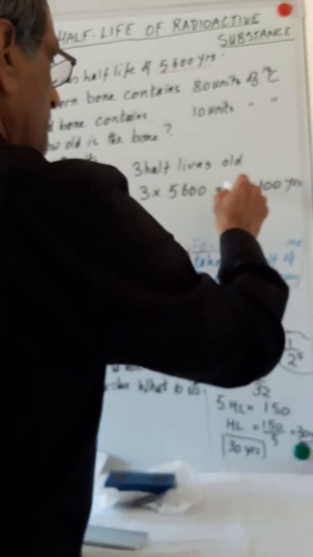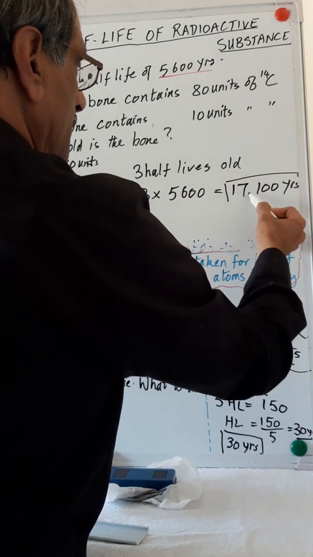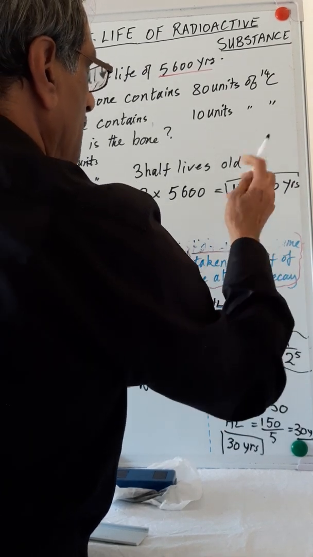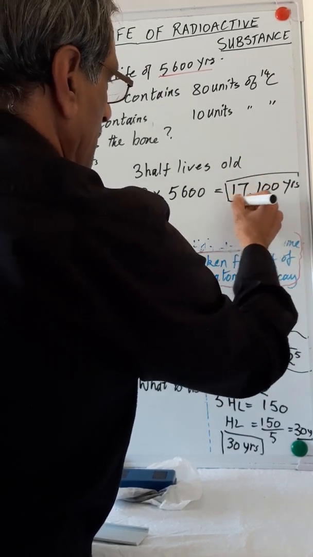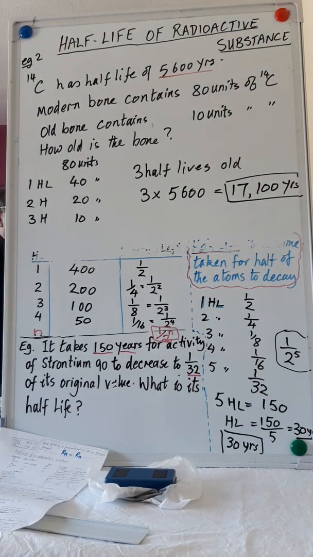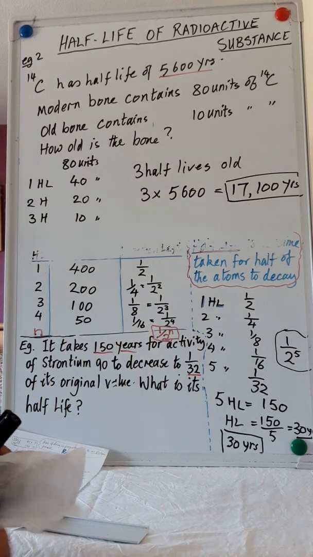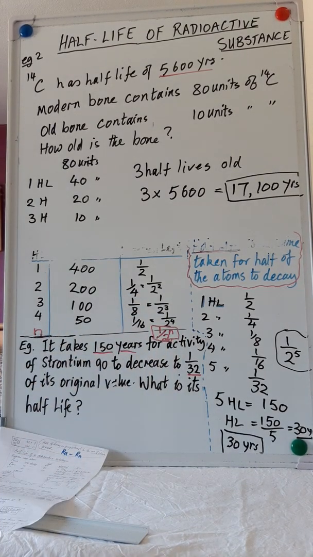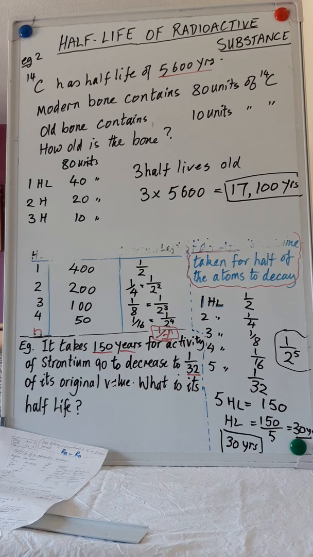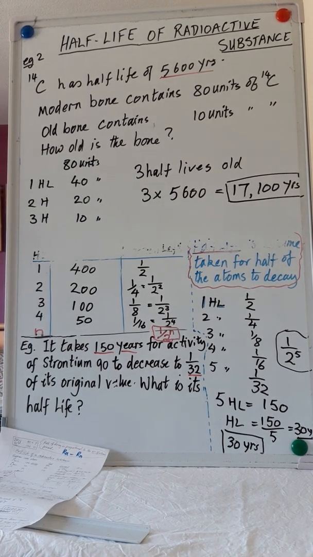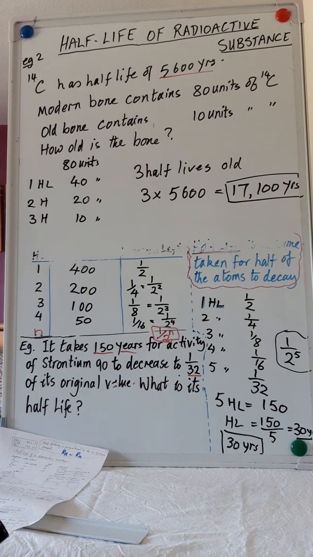Okay, and that's your answer. So this bone that we found in an ancient ruin is 16,800 years old. And this is how carbon dating works. So we'll see you in the next video.